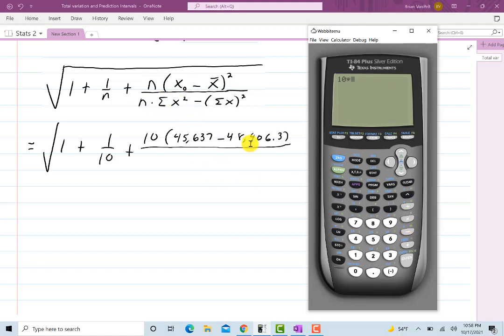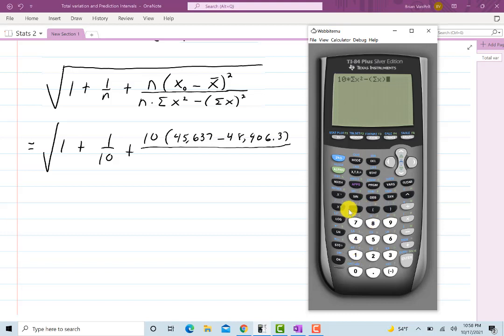Now I need this sum of x squareds. So if you go to vars, then choose 5 for statistics and then move over 1 to that sigma there, choose number 2. And then I don't even have to put the sum of x's in here. What I can do is put in parentheses, go to vars, choose number 5 for the statistics ones, go over to sigma, and then choose sum of x, number 1.